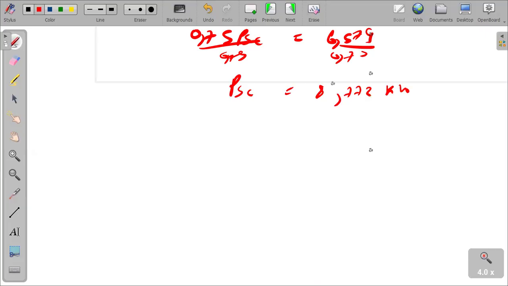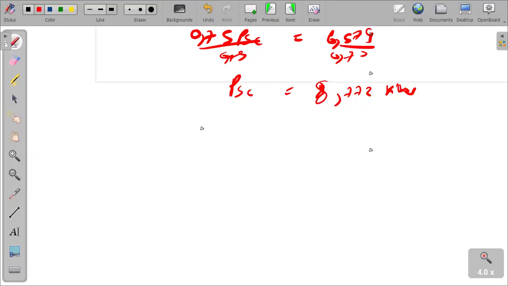So remember, we didn't convert the kVA to VA. We just used it the way it is. So we knew also our answers are going to come out in kilowatts, okay?